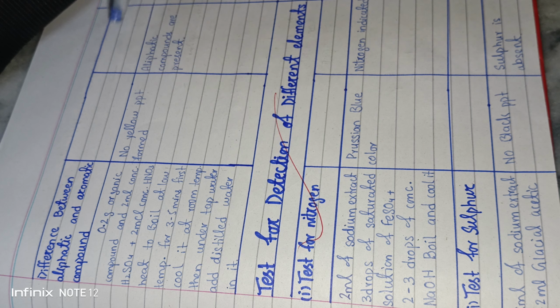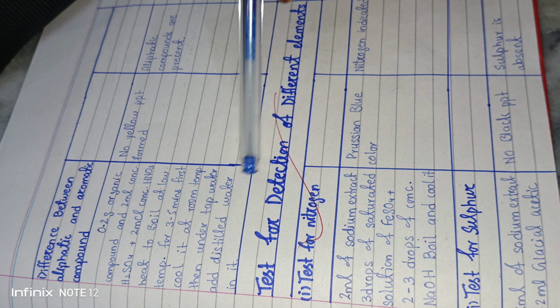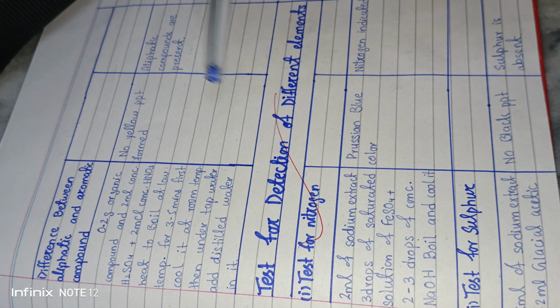No yellow ppt indicates that the aliphatic compound is present. As you see, urea is an aliphatic compound; it is not aromatic, it has no benzene ring in it.